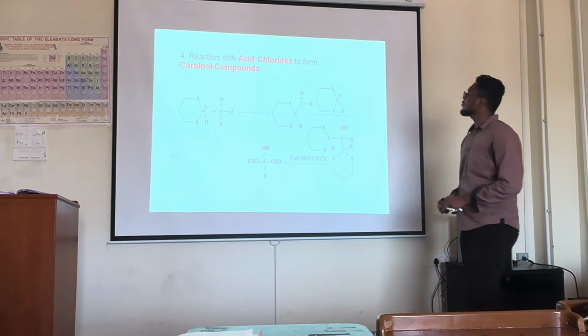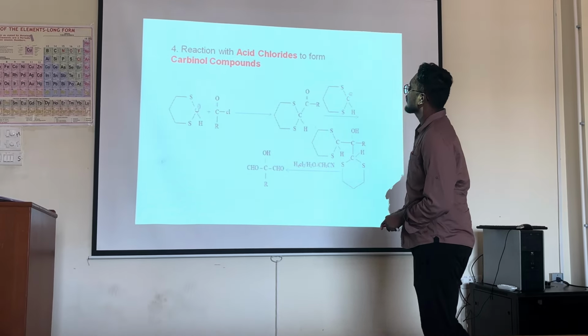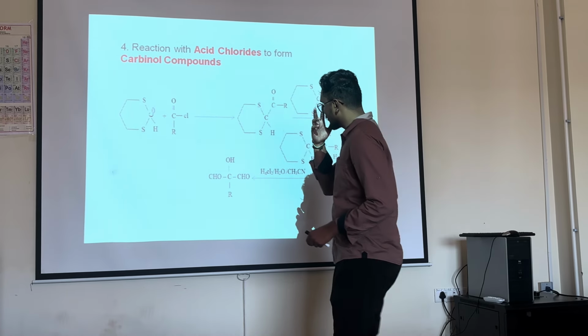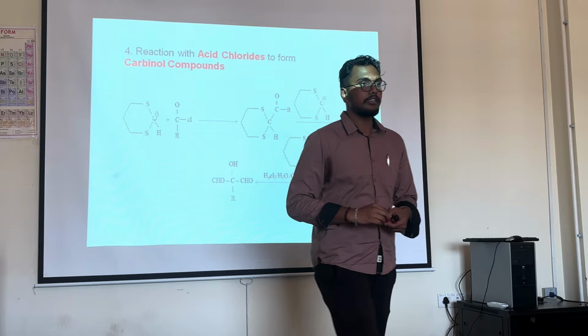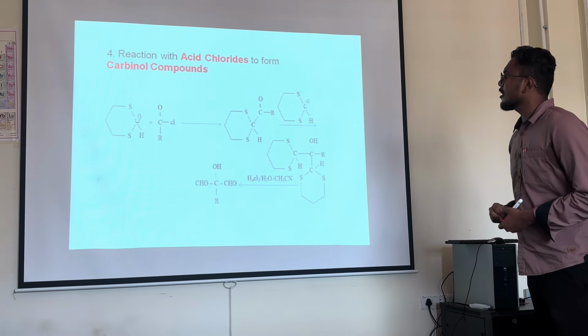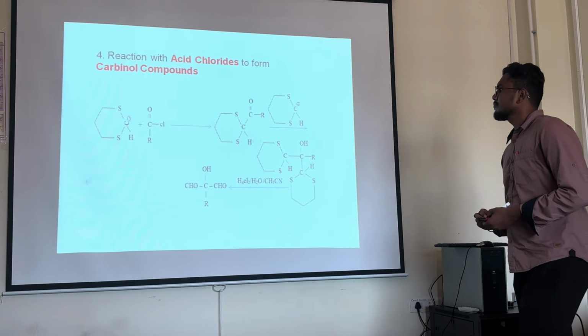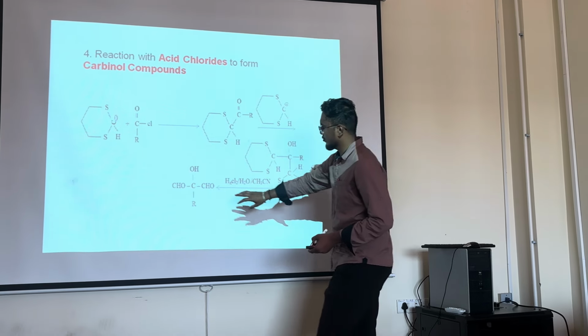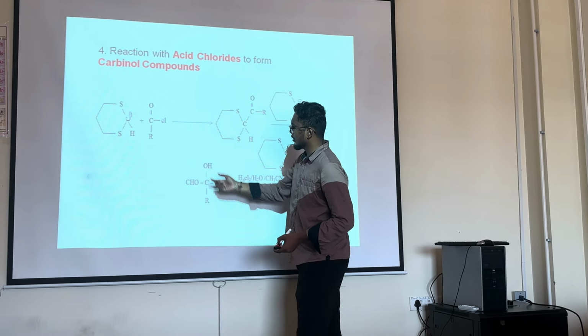Reaction with acid chloride to form carbonyl compounds. What is a carbonyl compound? See, this is a little bit tricky. Carbonyl compounds are where carbon contains two functional groups, an aldehyde and one hydroxyl group.